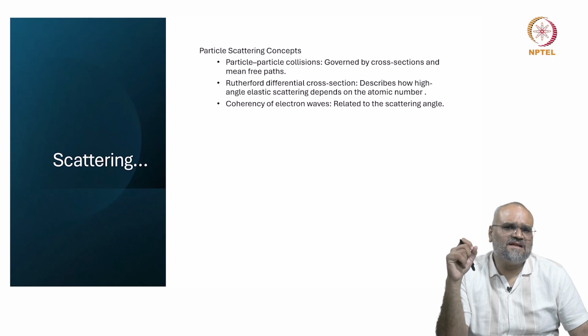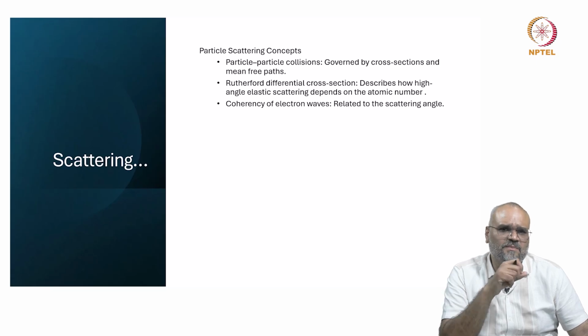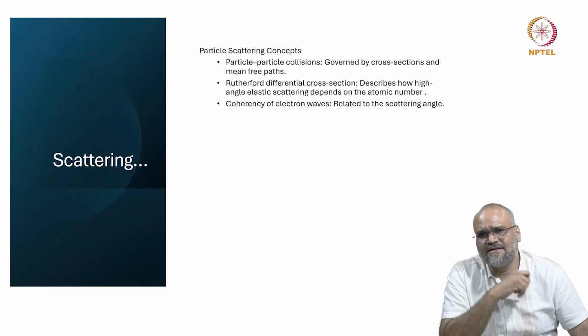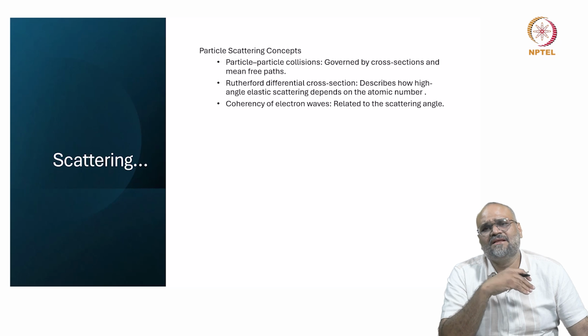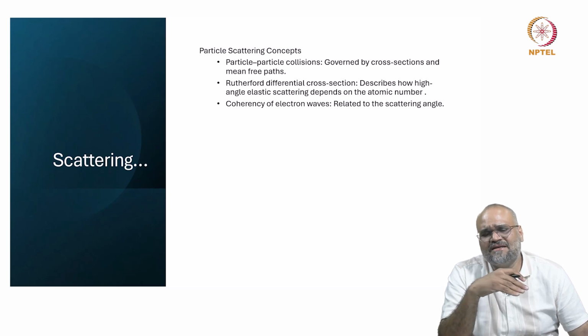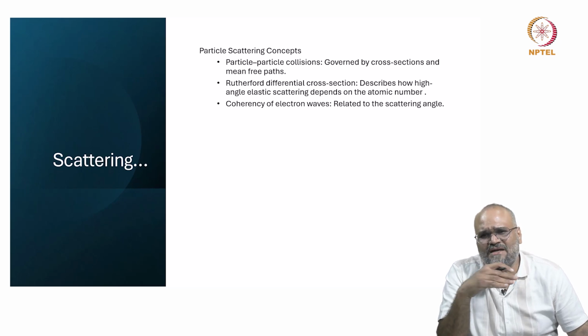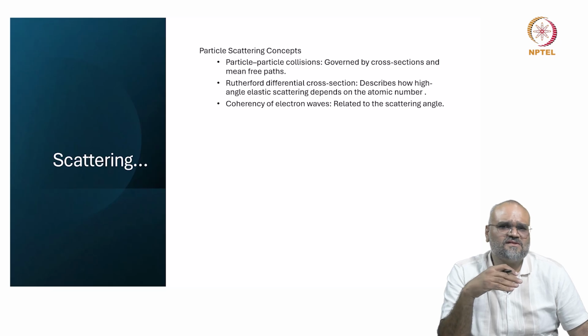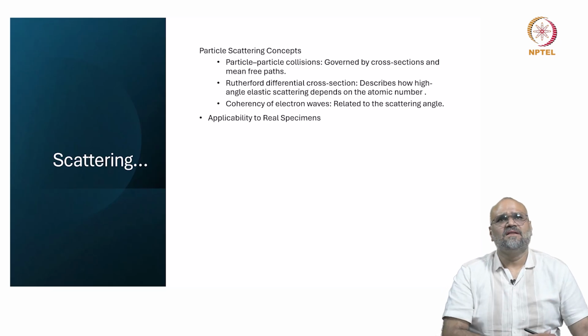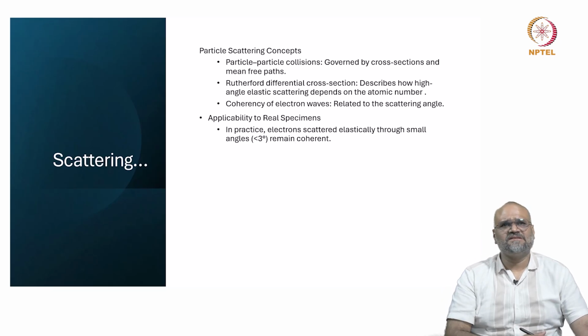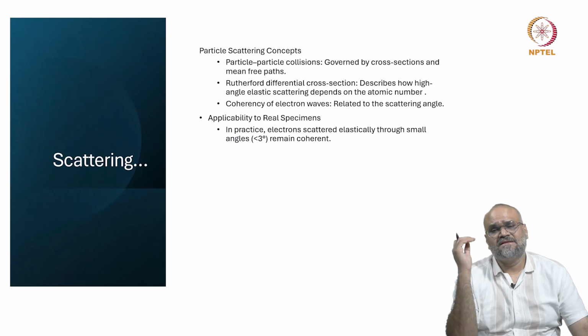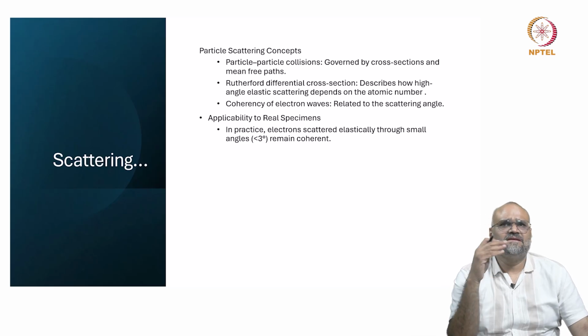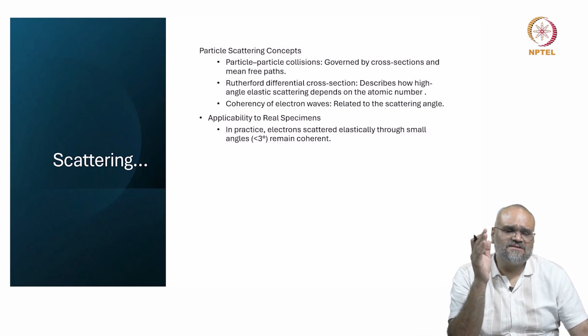Largely within a transmission electron microscope operated at 200 or 300 kilo electron volt, this angle of scattering is typically lower than 10 to 20 milliradians, or at the most 2 to 3 degrees. So, if you apply this to real specimens, in practice, the forward scattered electrons are elastically scattered through relatively small angles.